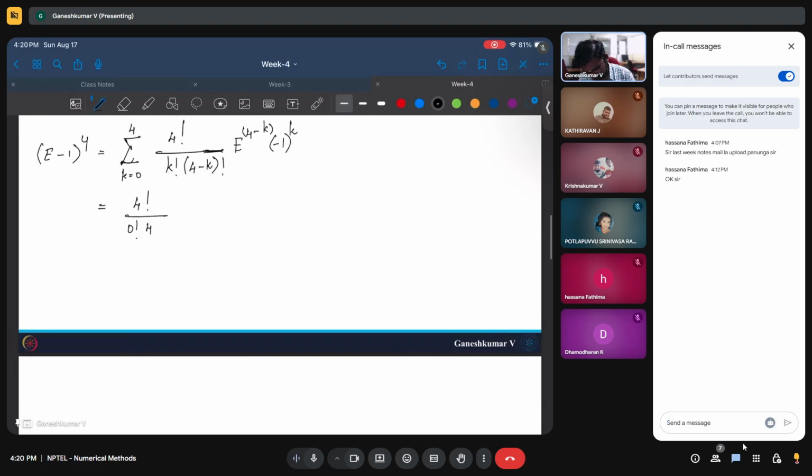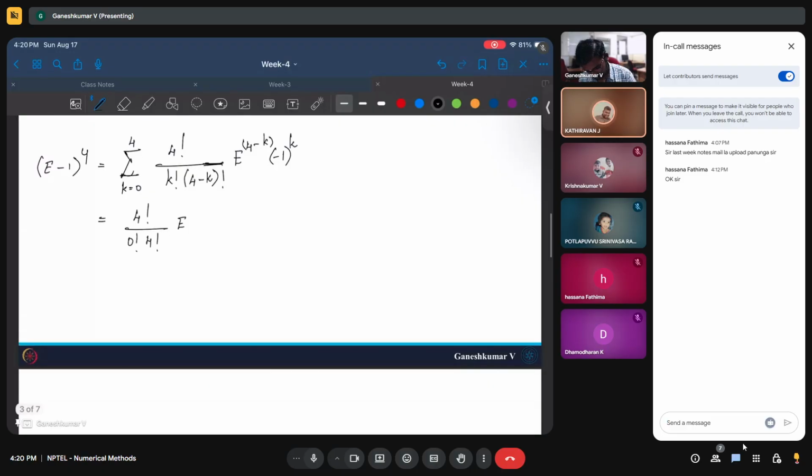So this will be 4 factorial e^(4 − 0) times (−1)^0, plus 4 factorial.